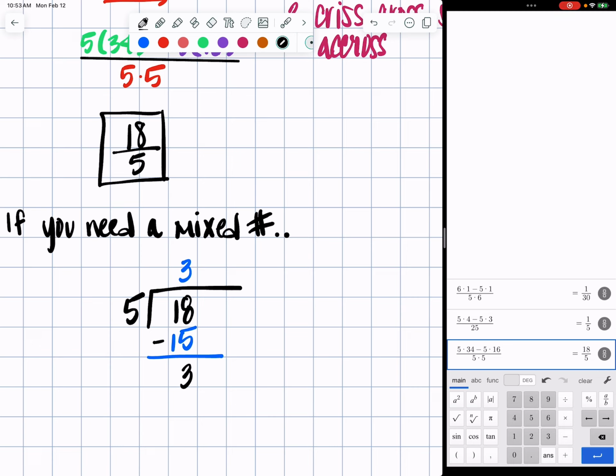And when I said we were going to do old school long division, I meant really old school. This little number right here, what would normally be the remainder, is going to become your numerator. The 3, the big 3 on the top, is your whole part.